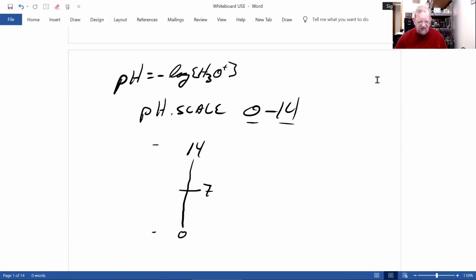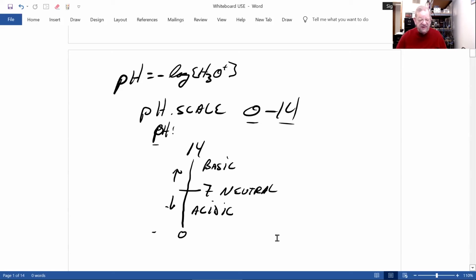When you're at pH 7, that's called neutral pH or neutral solution. When you're below 7, it's acidic. And when it's above 7, it's basic solution. And that's the pH scale.